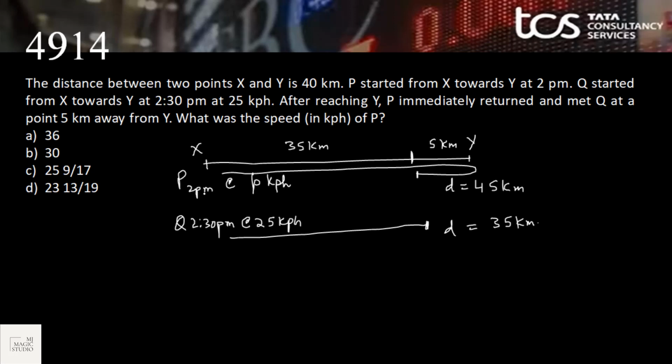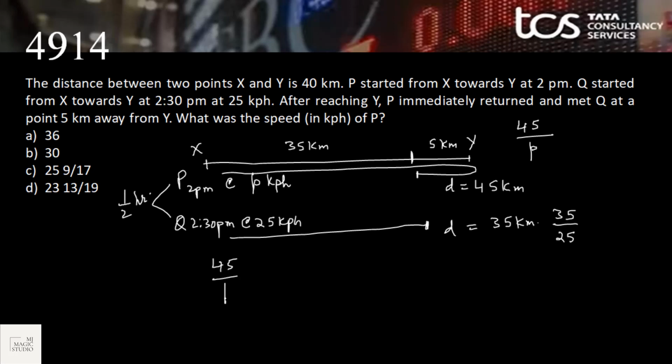Time taken by P to travel 45 km is 45 by P in hours. And time taken by Q to travel this 35 km is 35 by 25. We know the time difference between these two is 30 minutes, that is half an hour.